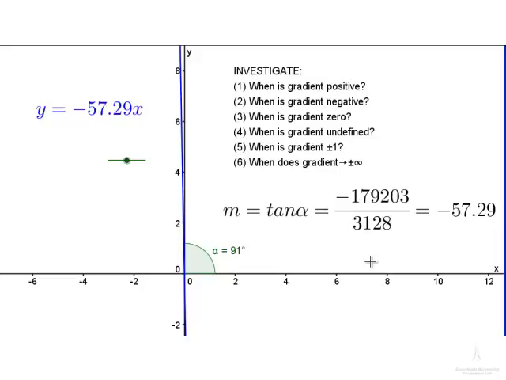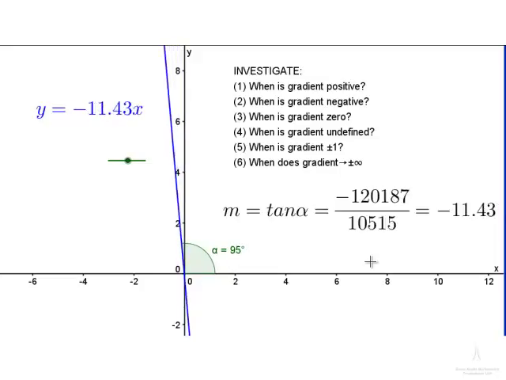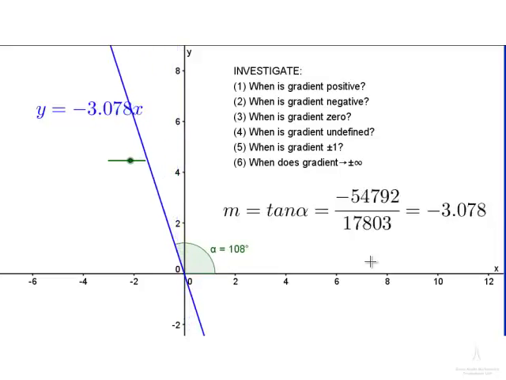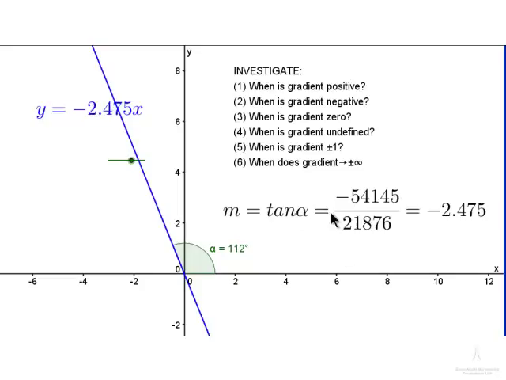So that already tells me that if I move towards the second quadrant, in other words the angle is an obtuse angle, then the gradient is negative. That you can easily see. I'm going to leave that for you. So that answers questions 1 and 2. When is it positive? When is it negative?